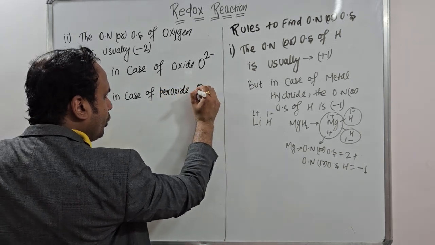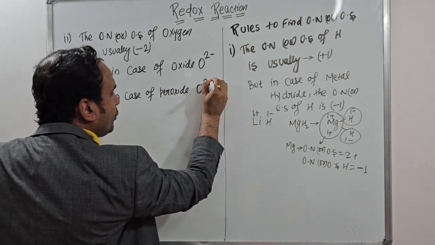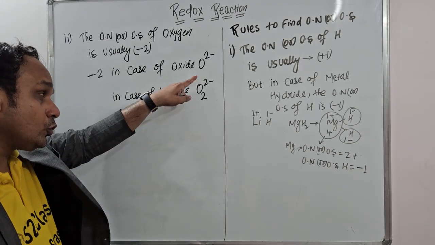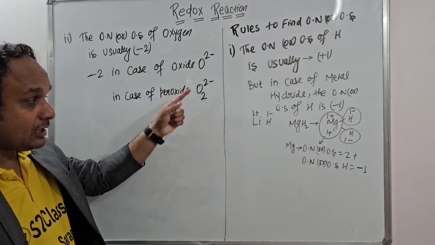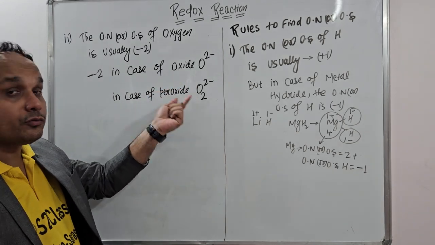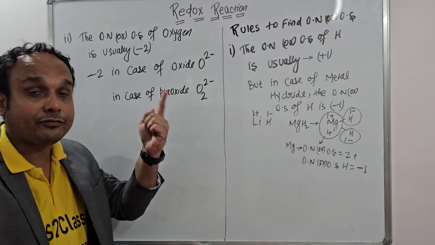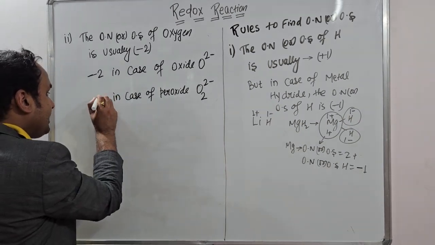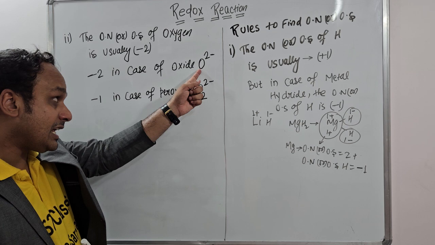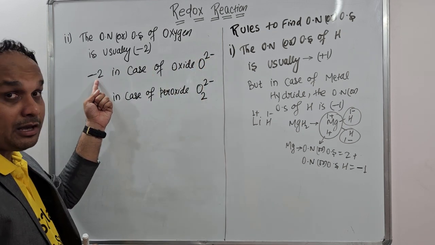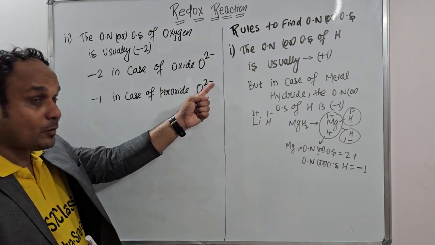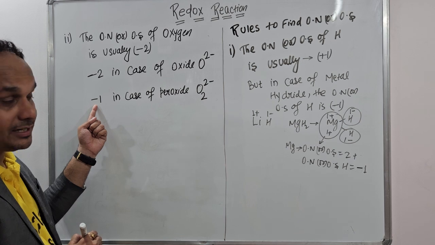Peroxide is O2 2 minus. So if O2 has 2 minus, what is the oxidation number of 1 oxygen? 2 oxygens have 2 minus, so 1 oxygen has oxidation number -1.